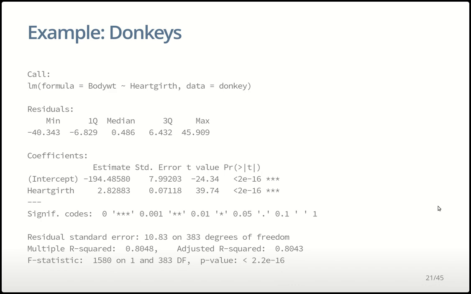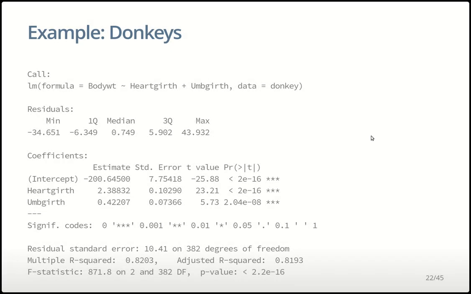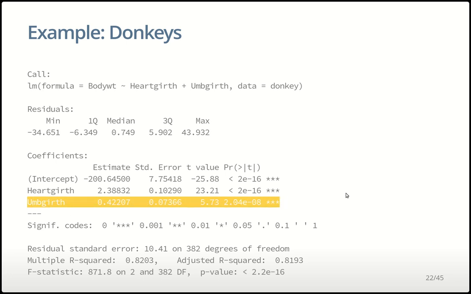Right. So with the donkey data, if we just had body weight in terms of heart girth, then we get this here. The formula is minus 195 plus 2.83 times heart girth. If we were to add an additional variable, here we're adding in the umbilical girth as well, then you can see we get an additional line for the umbilical girth down here.